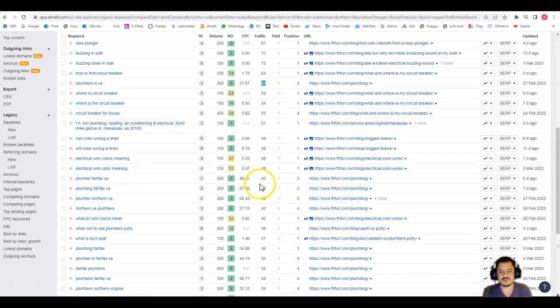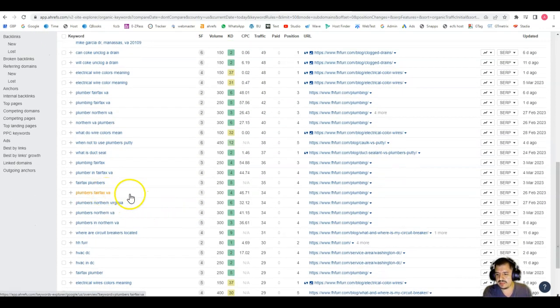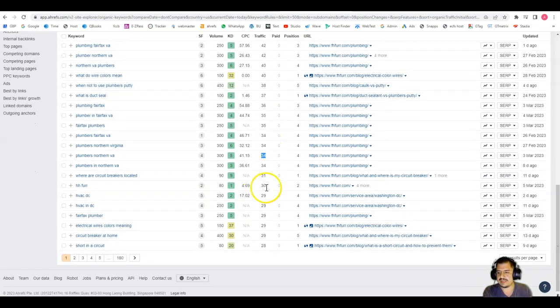So do the math. Just between these two, over 100 visits a month. That means over 100 people who have been looking for those specific keywords. Those are buyer intent keywords, if you will. And the list goes on. Plumber VA, Plumber Northern VA, 300 searches, ranking number 4. They get another 34 visits, and you keep adding and adding.